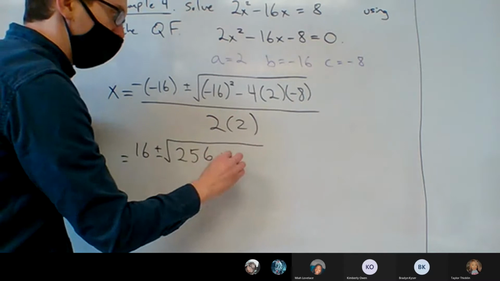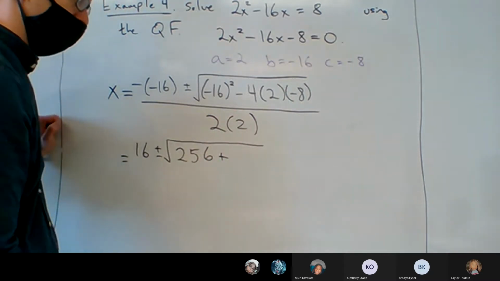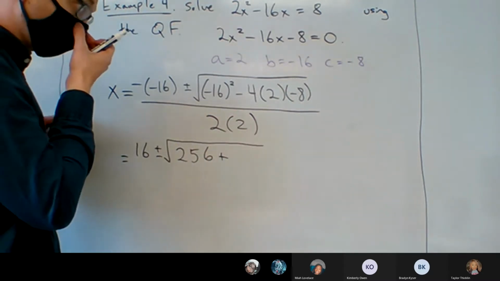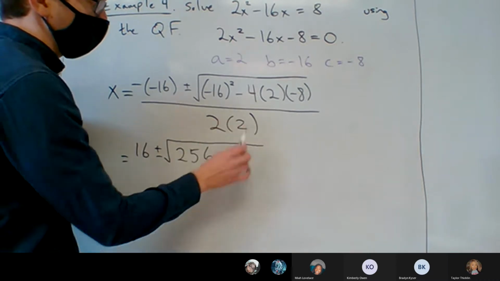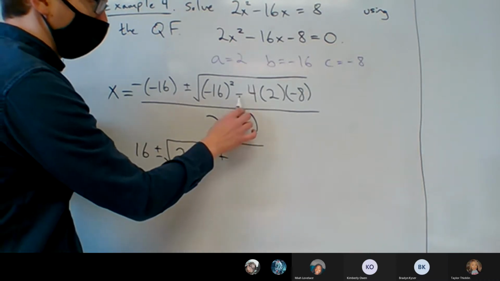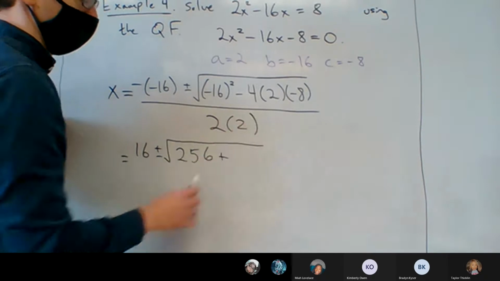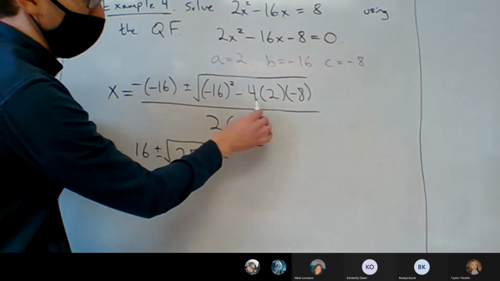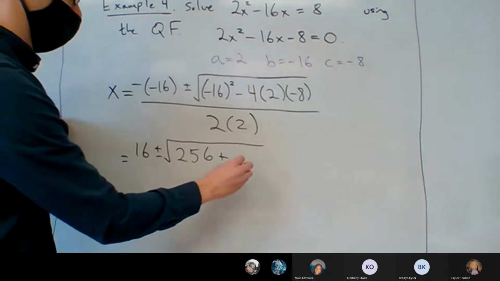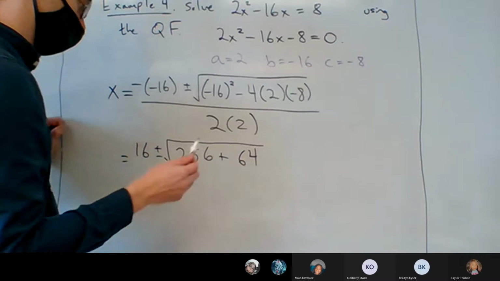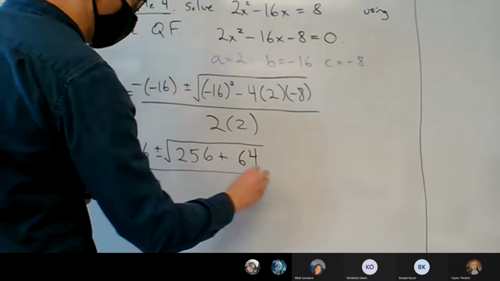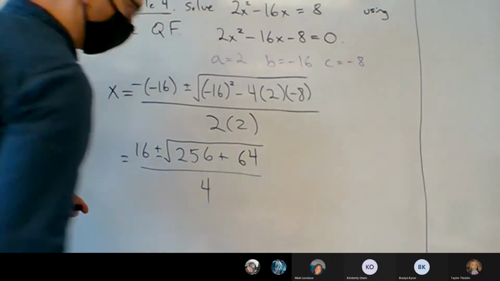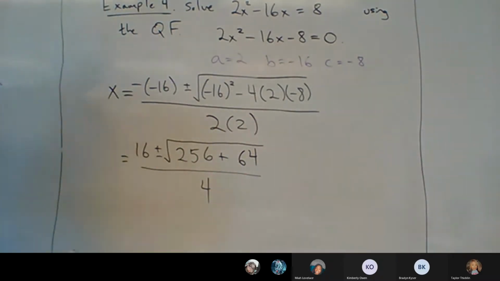So I know that the operation in between is going to be plus. So now all I need to worry about is what is 4 times 2 times 8? Well, that should give me a 64. All over 4. 2 times 2 in the bottom, yielding 4.